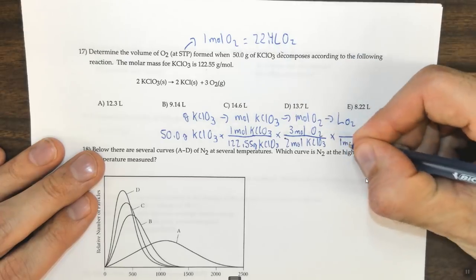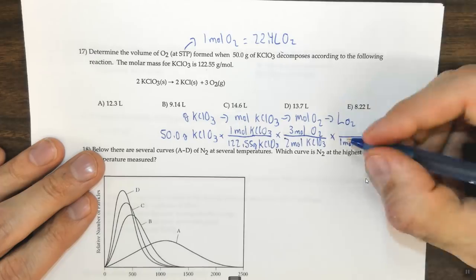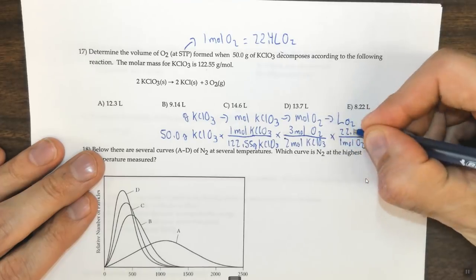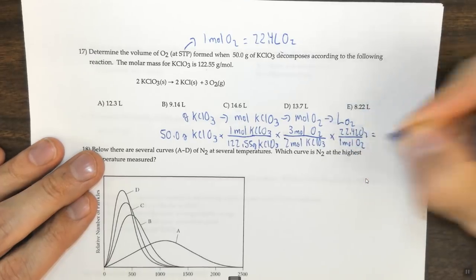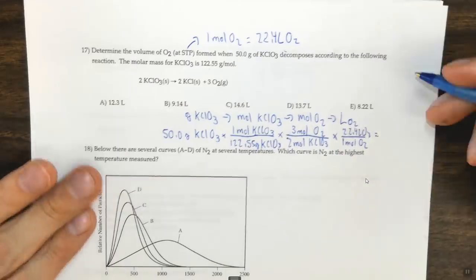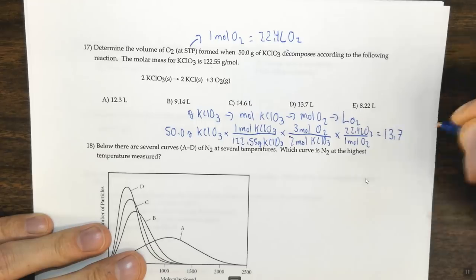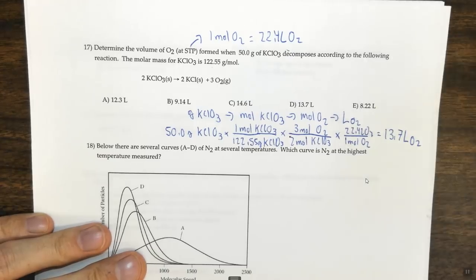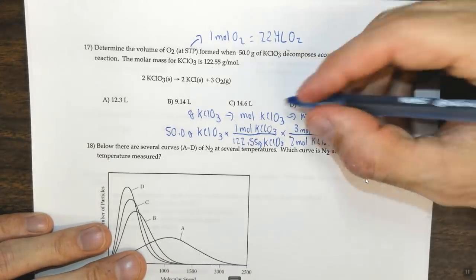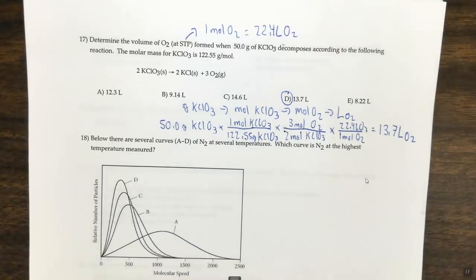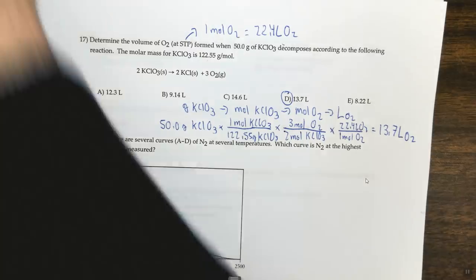We want moles of oxygen to cancel out, so we put the 1 mole of O2 on the bottom and the 22.4 liters of O2 on the top. Do all the math, multiply by the top, divide by the bottom, repeat until you get to the end, and you get 13.7 liters of oxygen. So the answer to this question is choice letter D, 13.7 liters. So this is a combination of the gas law and stoichiometry.